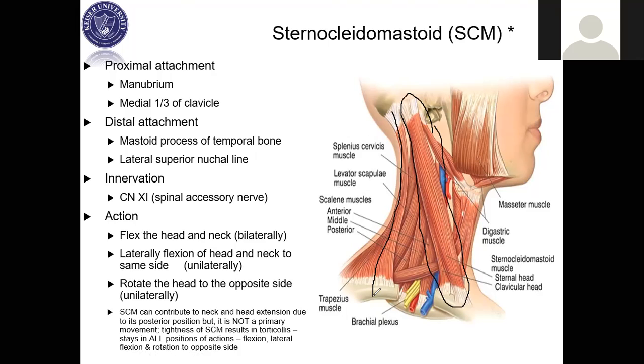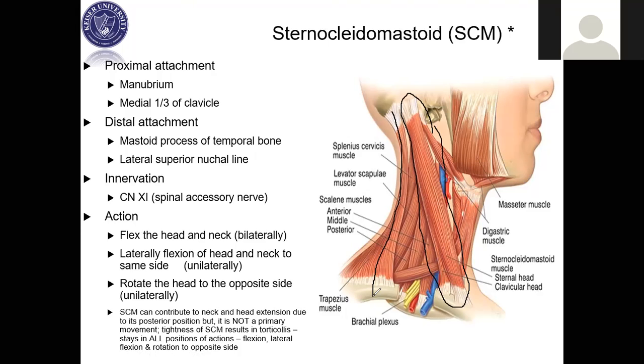And I want you to try something. So again, feel your left sternocleidomastoid. And what I want you to do is rotate your head to the left. You will not feel that muscle contract, right? Because again, the left sternocleidomastoid does rotation to the right. It laterally flexes to the same side.